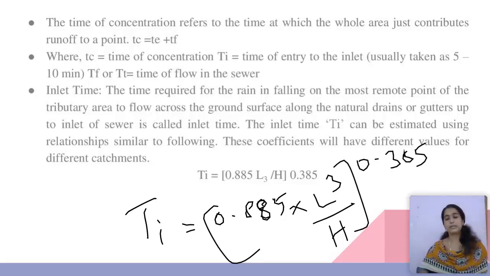This is the equation. Please correct it. That is, TI is equal to 0.885 L cube divided by H raised to 0.385.